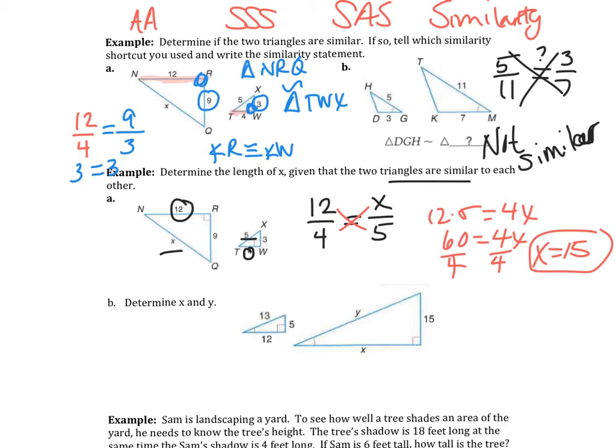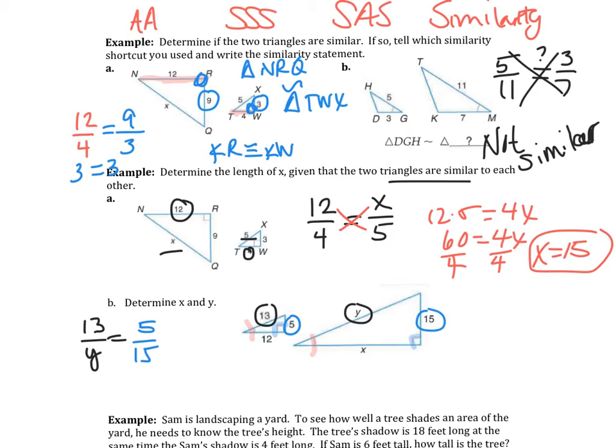All right, moving on to the next one. I know that these triangles are similar because of my two angles here. And so I can set up my proportions to solve. I'm going to go 13 over y equals, and I'm going to use this 5 over 15 to solve that.